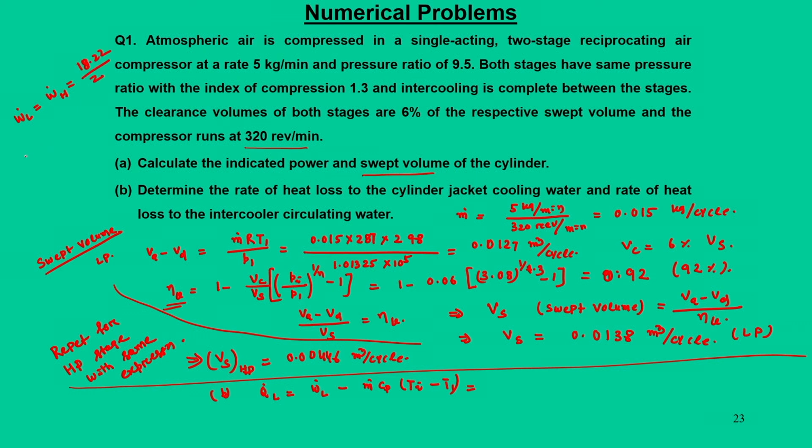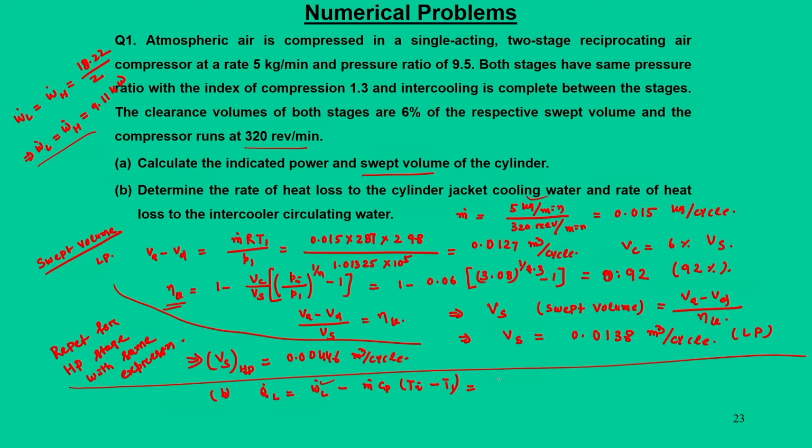So, W dot L is equal to W dot H, that is equal to 9.11 kilowatt. m dot remains 5 kg per minute, and Cp we know.